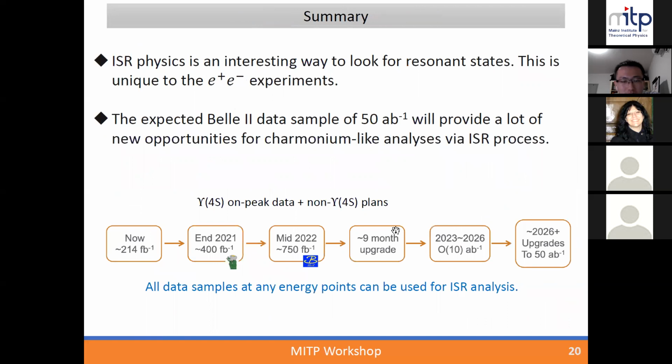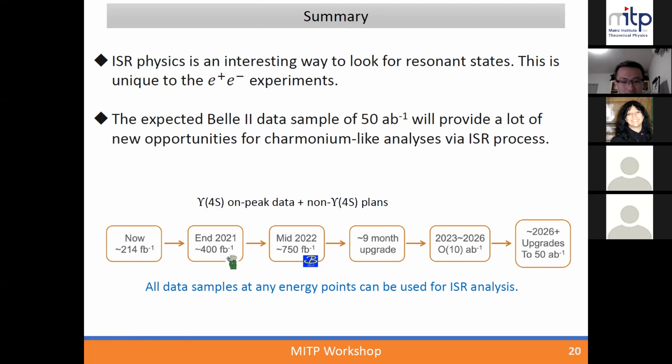Okay, slide number 20, a short summary. So the ISR physics is an interesting way to look for resonance states. This is unique to the e+ e- experiments. And the expected Belle II data sample of 50 ab^-1 will provide a lot of new opportunities for charmonium-like analysis via the ISR processes.